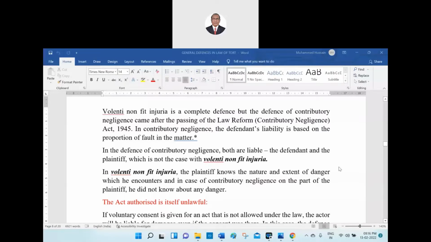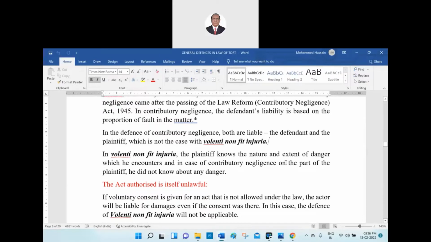Suppose the contribution is 40%, how much would be deducted from the 100? 60%, sir. So if it is 50%, only 50 will be deducted, and you will get 50, because of your contribution.